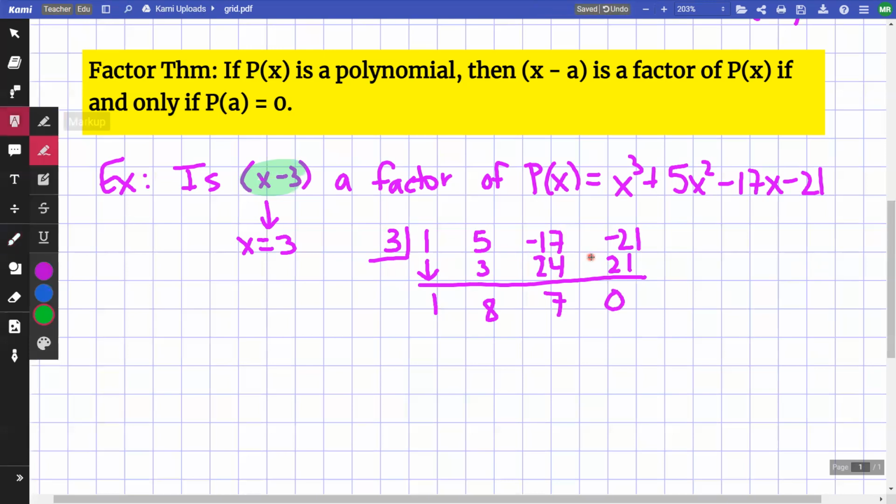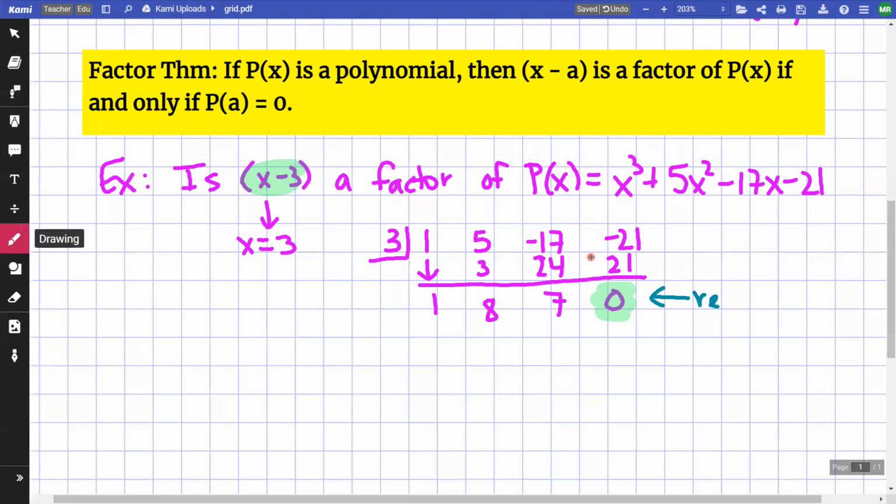So since my remainder was a 0, x minus 3 is a factor. Okay.